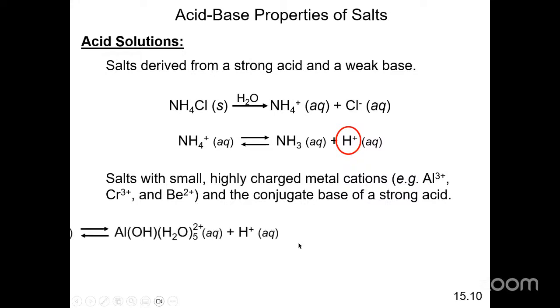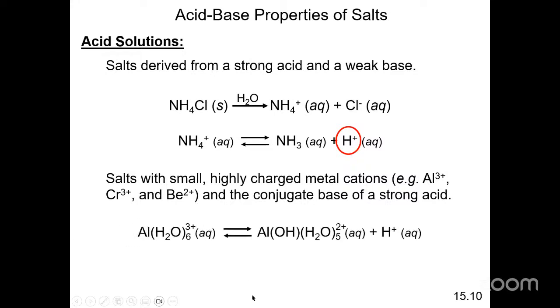Now, how does that work? We're going to use the aluminum ion as an example. When the aluminum ion goes into solution, it forms this complex ion right here, where you have the aluminum ion in the middle and 6 water molecules surrounding it. Then what happens spontaneously is that one of the water molecules will lose a hydrogen ion. The reason is the high charge density of the aluminum ion, which will pull electrons away from the hydrogen, which I'm going to show you in a diagram on the next slide, right?